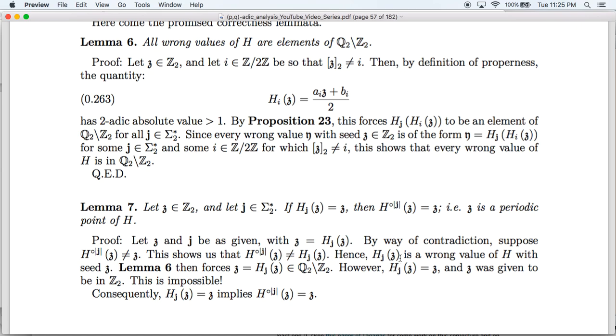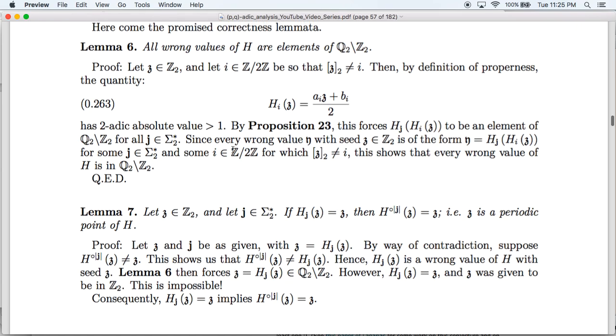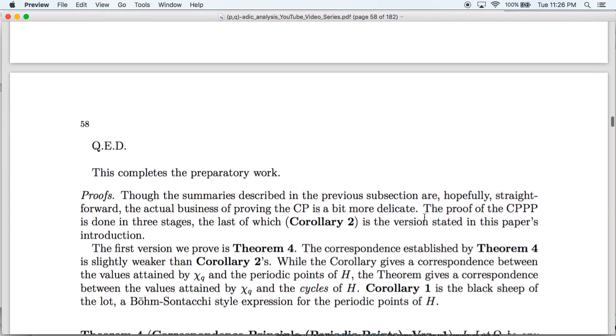This makes H bold J of Z a wrong value of H with seed Z. By lemma 6, this makes Z an element of Q2 take away Z2. However, H bold J of Z was equal to Z, and Z was given to be in Z2. That's impossible. So consequently, H bold J of Z equals Z necessarily implies that this is true. And that completes the preparatory work.